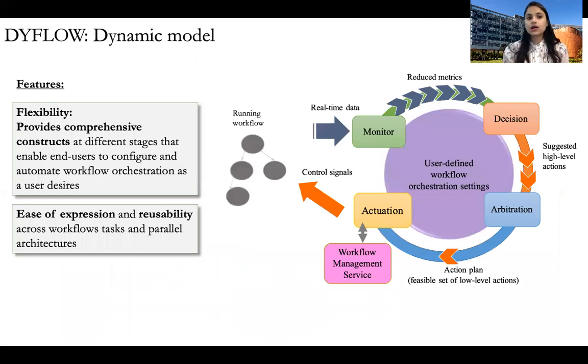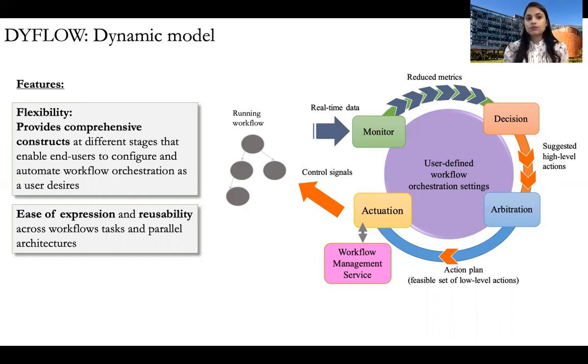DYFLOW uses a generic dynamic model that compartmentalizes workflow management into 4 stages. These stages run continuously and simultaneously alongside the user workflow and process the incoming requests as and when necessary to manage the orchestration based on the user defined settings.